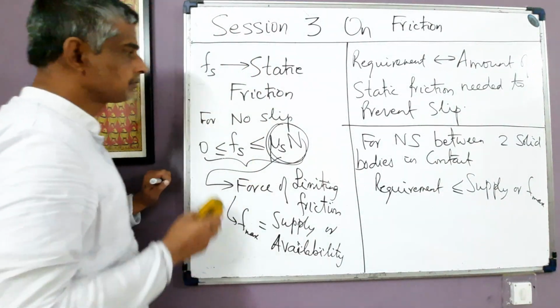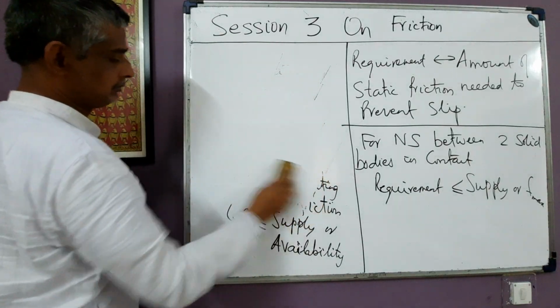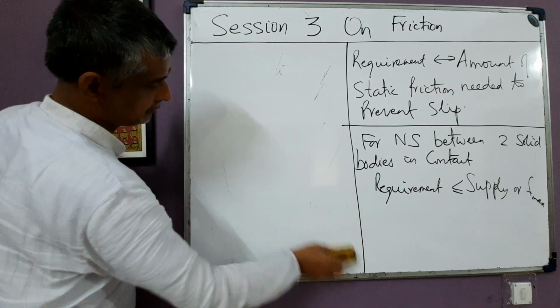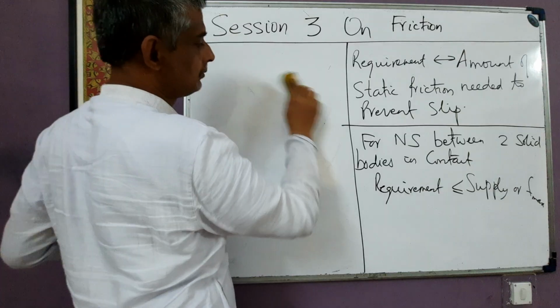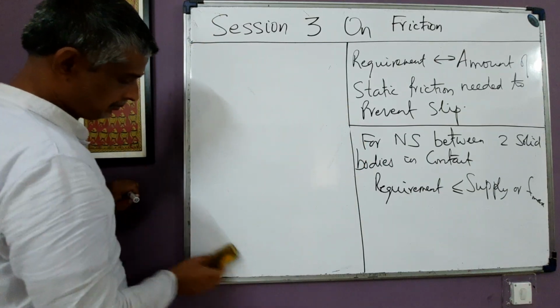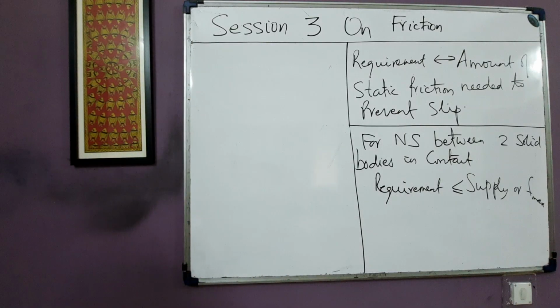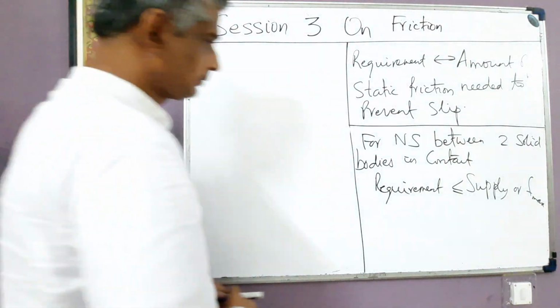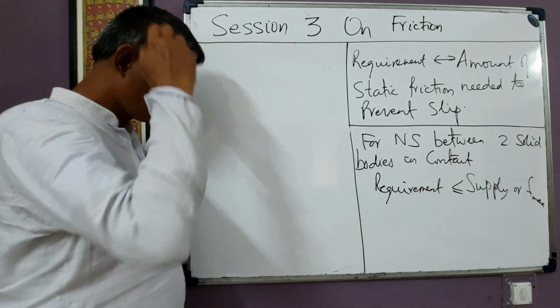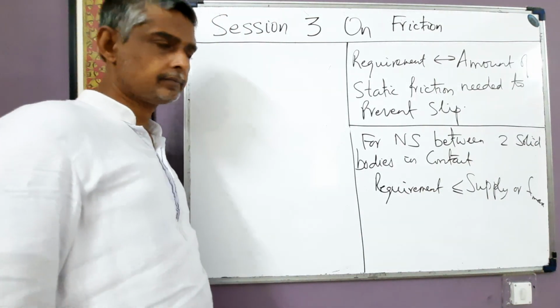Write up this first column. So suppose there are two solid bodies in contact.